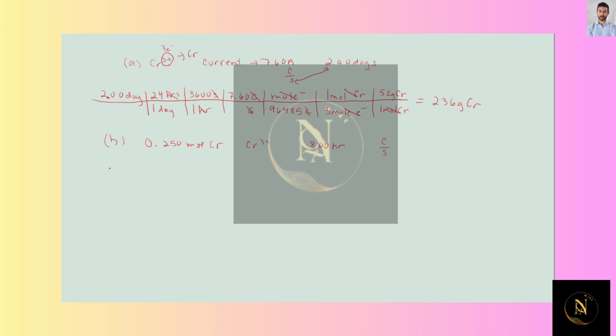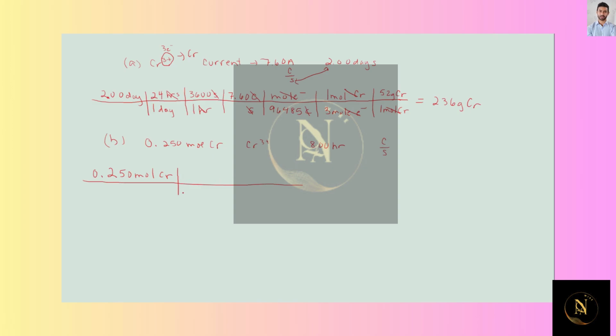In this case, I'm going to start with the 0.25 moles of chromium, the amount that I'm trying to make. And again, I'm going to go to electrons because that's going to then get me to Faraday's constant being my connection to coulombs there.